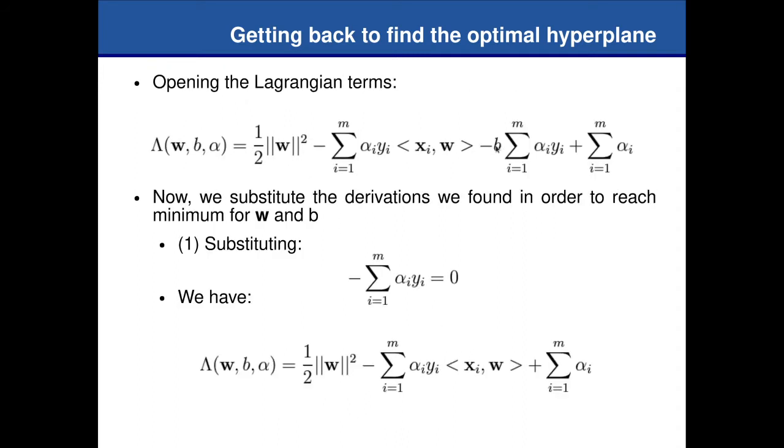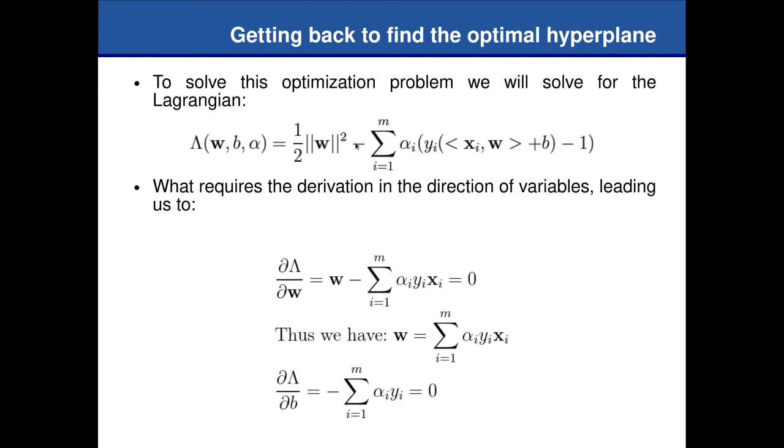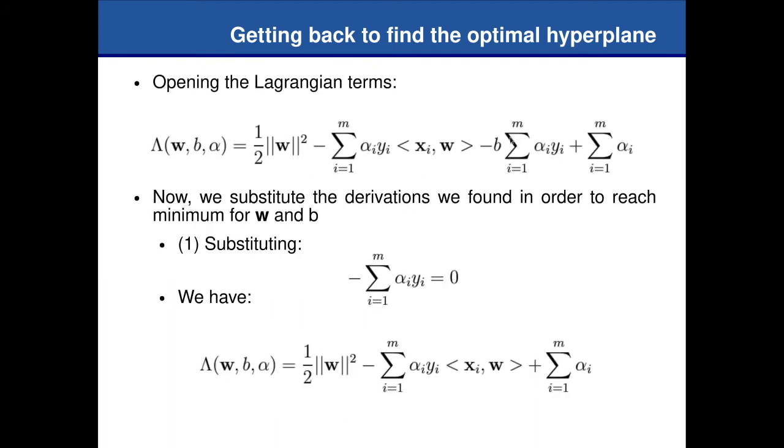So I have this, b times the sum of alphas times y's, okay? And it's going to be a negative sign over here just because this is a negative sign, okay? So this term comes from that decomposition.